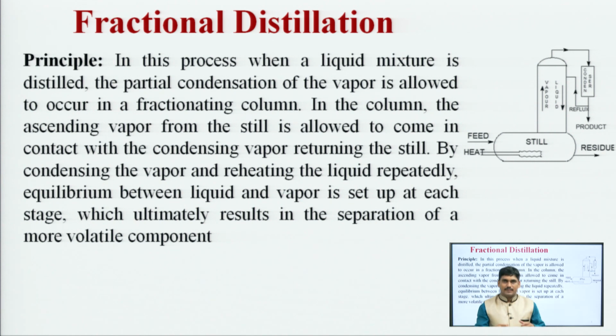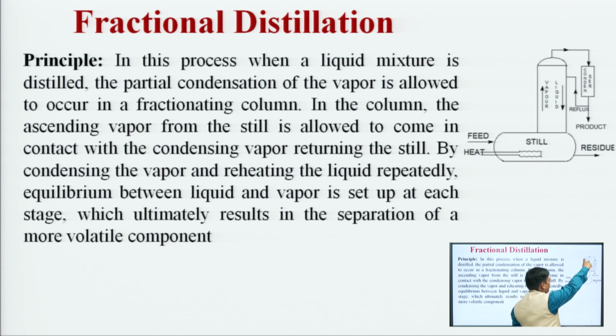In this way, the condensing vapor reaches the still and is again reheated, and this process takes place repeatedly. It establishes an equilibrium between liquid and vapor at each stage, which ultimately results in the separation of the more volatile component.